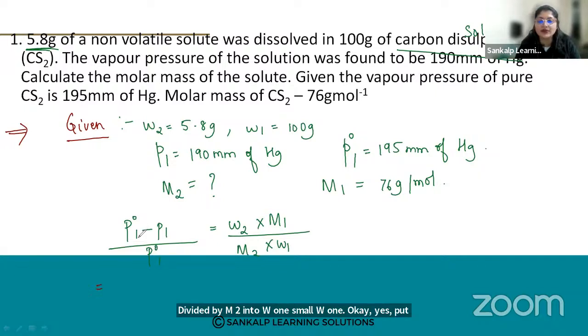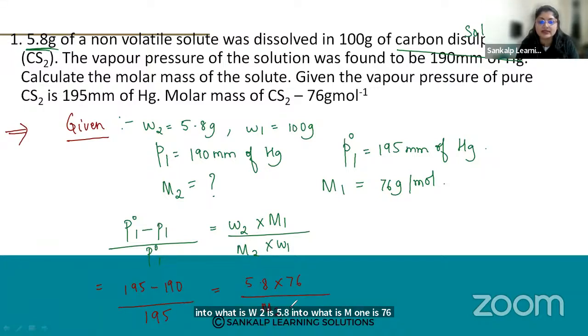P1 naught is 195 minus P1 is 190, divided by P1 naught, 195, equals W2, 5.8, into M1, 76, divided by M2, which we don't know, and W1 is 100. The unknown is M2, so we'll transfer this M2 to this side.